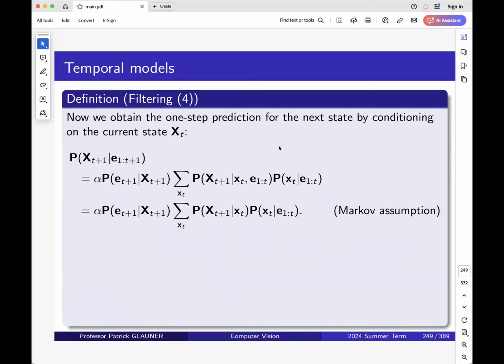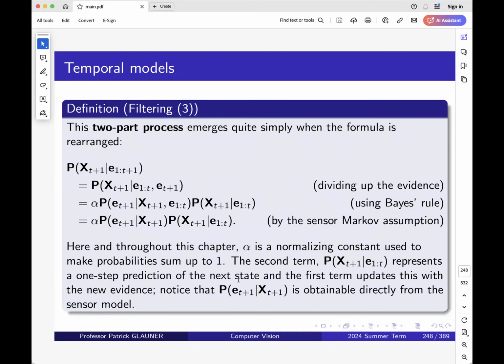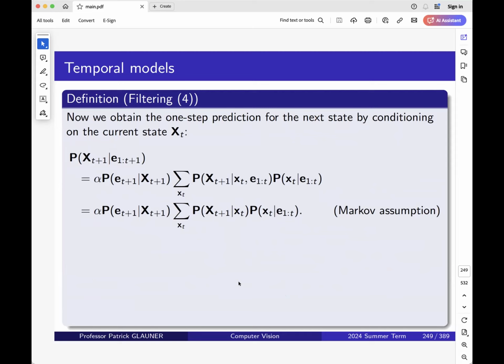Now, this can be further expanded because we can obtain the one-step prediction for the next state by conditioning on the current state.